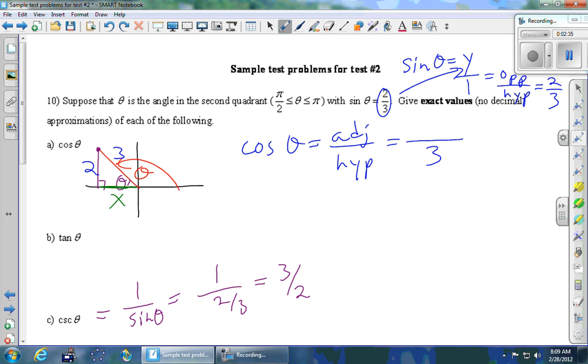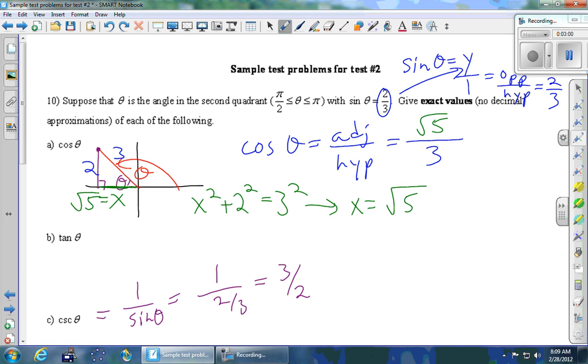And how do we find x? We use the Pythagorean theorem. x squared plus 2 squared equals 3 squared. Solve that, and we get x is the square root of 5. And so we're done. It turns out that the adjacent side is the square root of 5, and cosine of the angle is square root of 5/3.